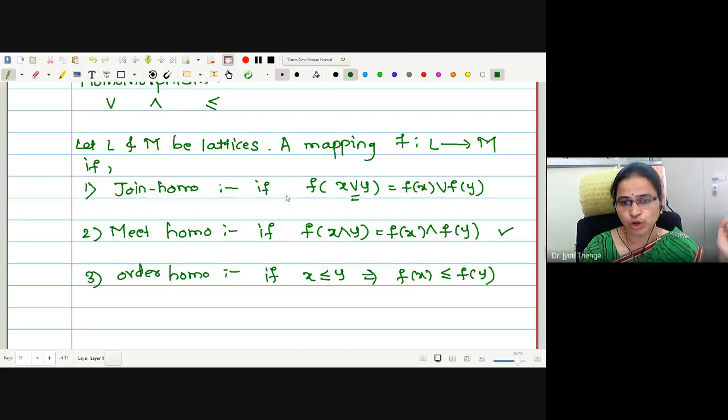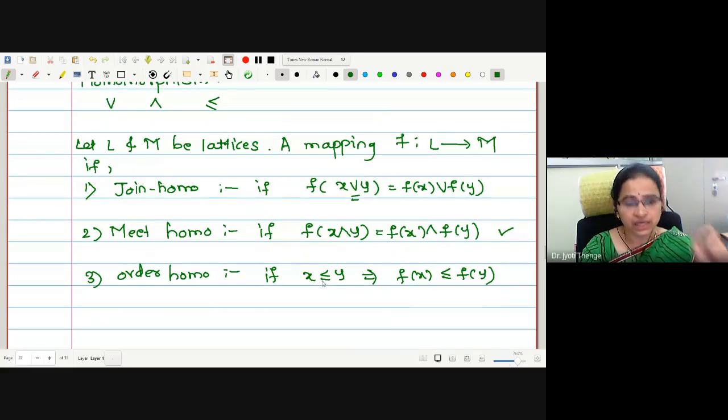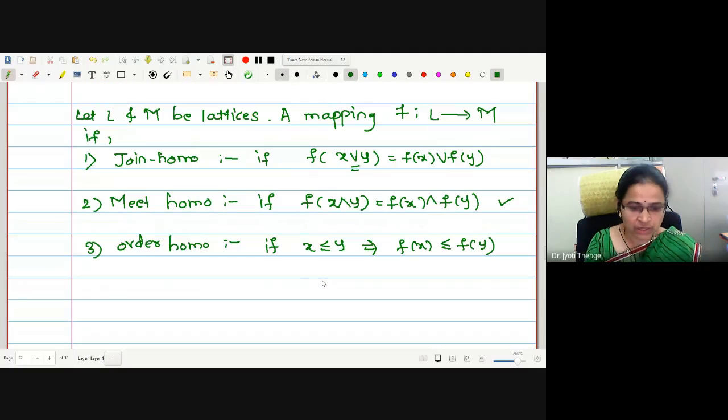First is join homomorphism if the mapping preserves join. Second, meet homomorphism if the mapping preserves meet. Third, order homomorphism if the mapping preserves the order. And the mapping f is called homomorphism if it is both join and meet homomorphism.